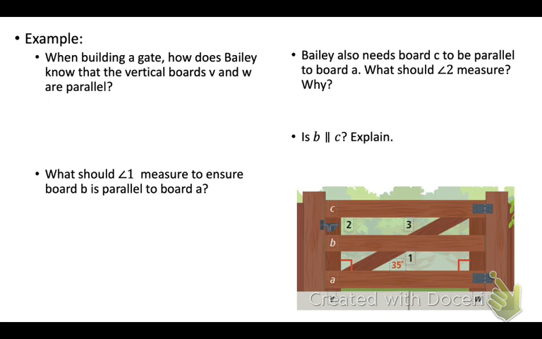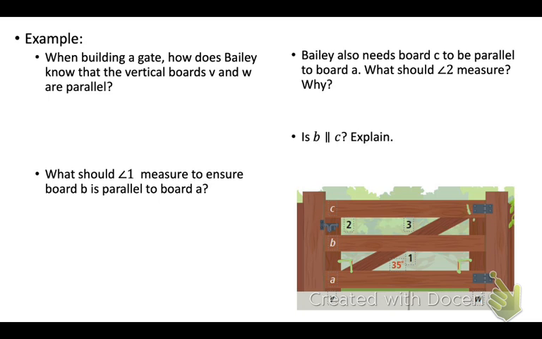Okay, when building the gate, how does Bailey know that the vertical boards V and W are parallel? Because they don't touch. They both have a right angle, yeah.